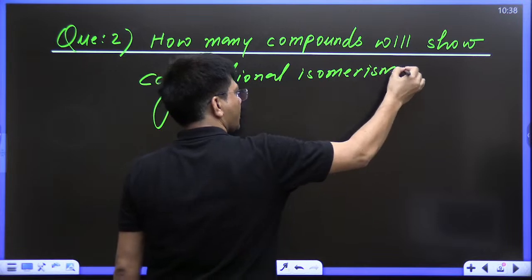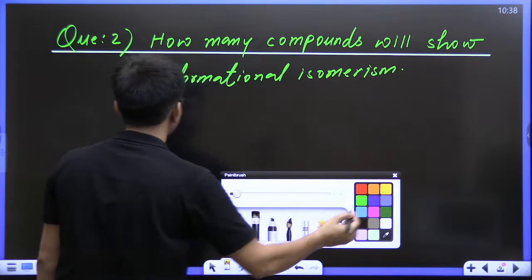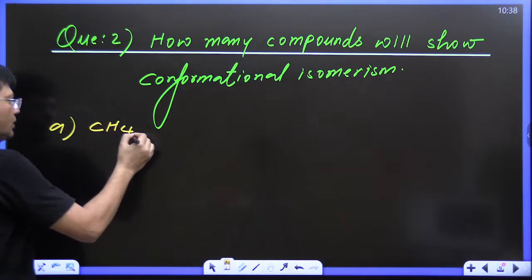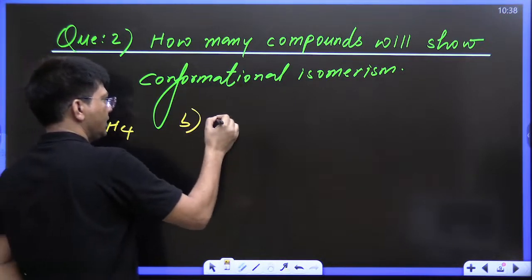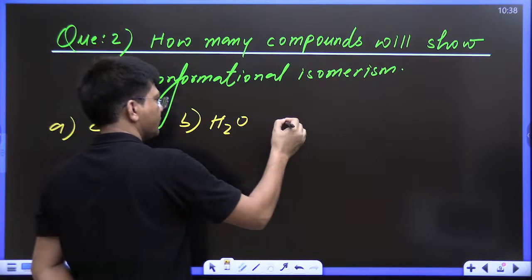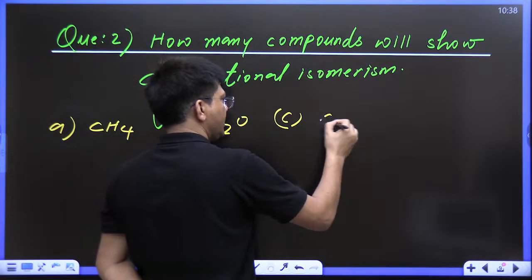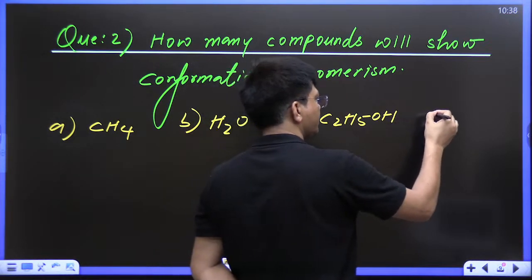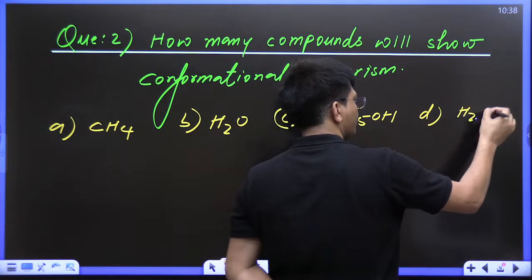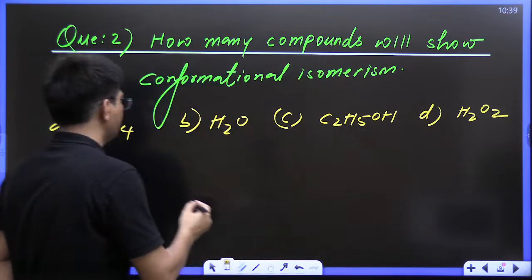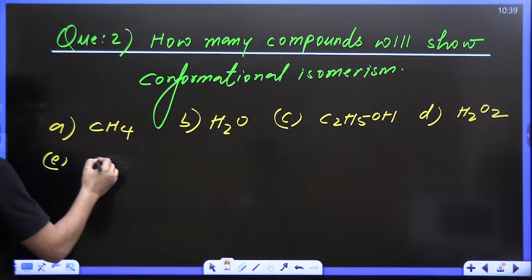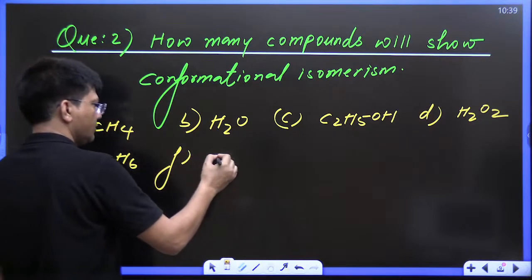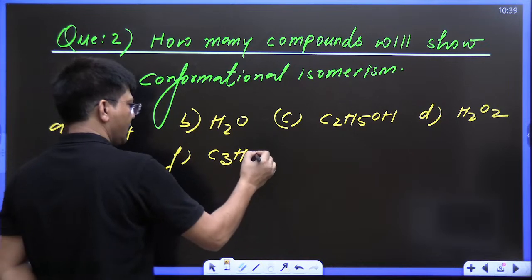Now the compounds are, let me give you the compounds. This is compound CH4. This is compound H2O. This is compound C2H5OH. This is compound H2O2. This is compound C2H6. This is compound C3H8.